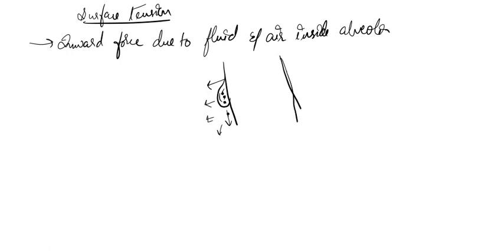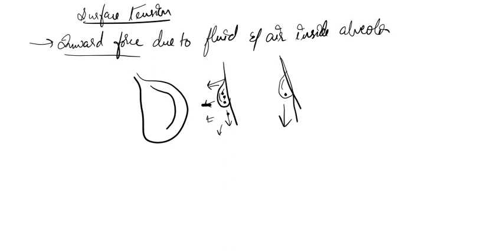If you keep a water drop also, the water doesn't have that much viscosity, so it simply moves. Now that is what surface tension is, right? The inward force. Now if you take an alveoli, you take some liquid. This liquid, when it is moving all along the wall due to surface tension, pulls the alveoli inwards. This inward force due to fluid and air is called surface tension.